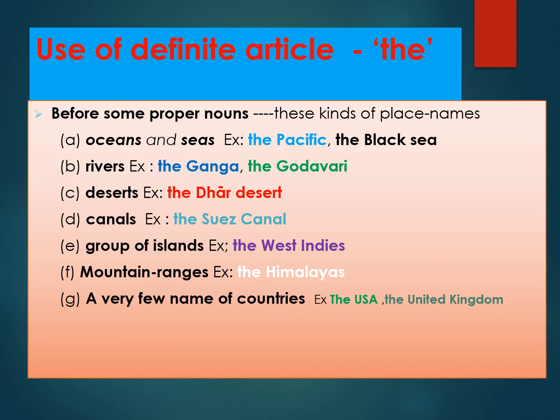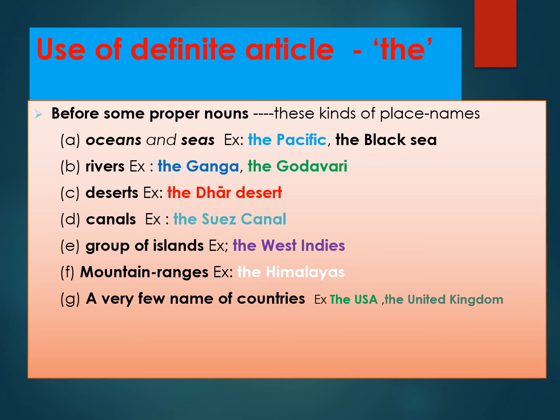Before the names of deserts. Example, the Thar desert. Before the names of canals. Example, the Suez Canal. Before the names of islands. Example, the West Indies, the Maldives. Before the names of mountain ranges. Example, the Himalayas.